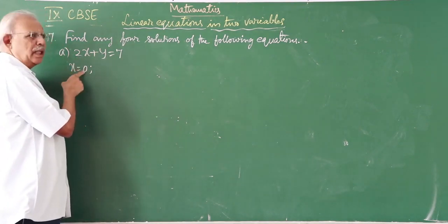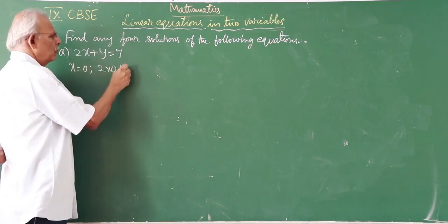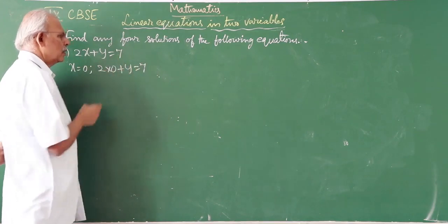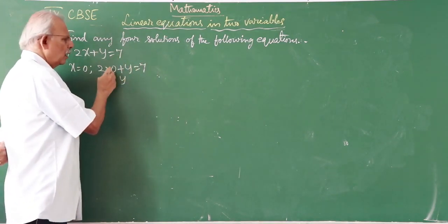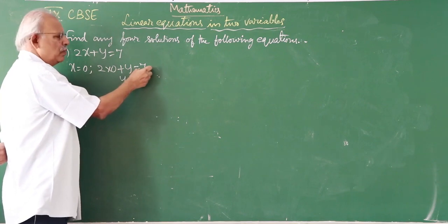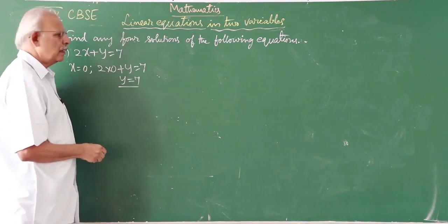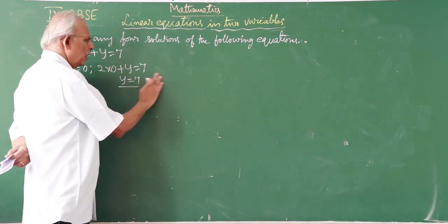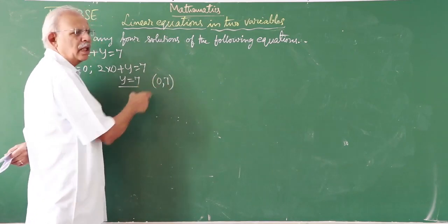Now substitute x equals 0, that is 2 into 0 plus y equals 7. 2 into 0 means 0. So if you bring 0 to the right hand side, 7 minus 0, again 7. So y equals 7. So when x is equal to 0, y equals 7.